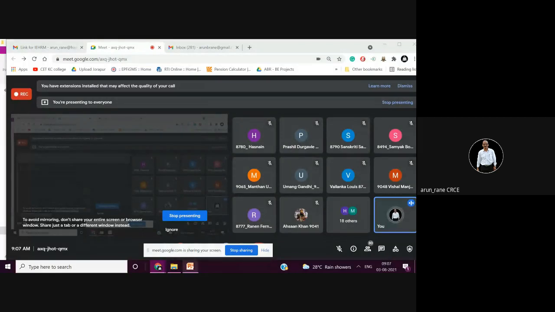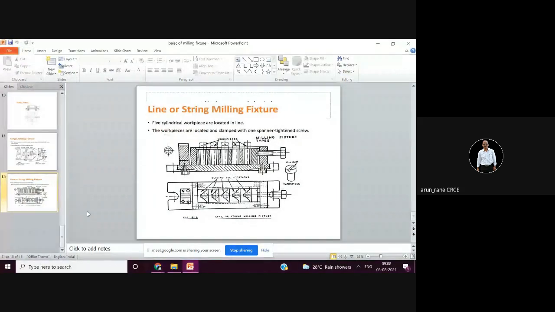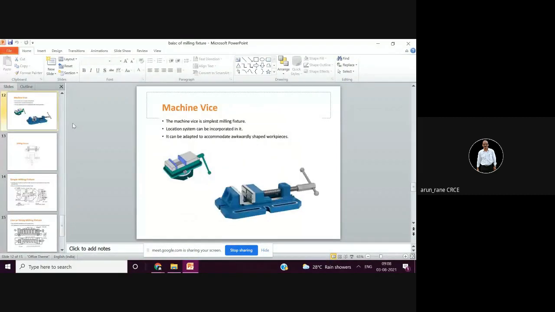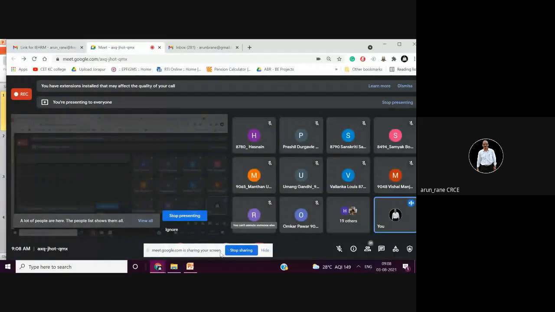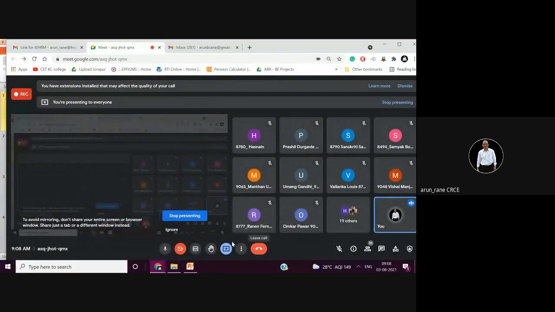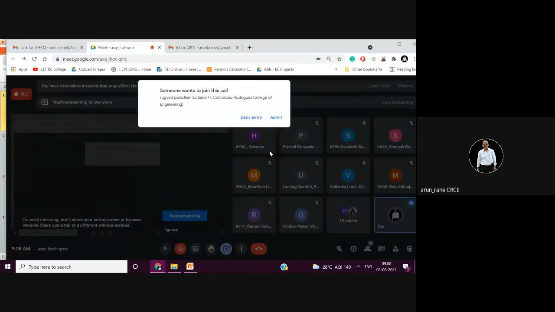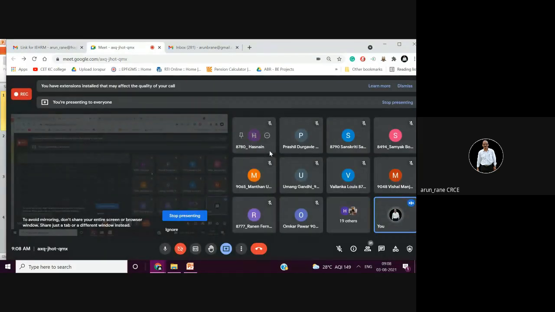Fixed bed type mein any doubts? Fixed bed type machine. Hello, any doubts in fixed bed type machine? That is very important from your Viva point of view also. What is fixed bed type machine? Hasnan, can you tell me what is fixed bed type machine?